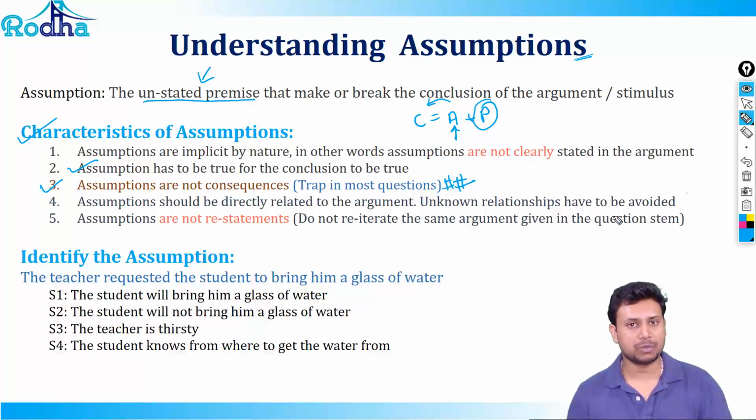Unknown relationships have to be avoided. Any option that you feel is the assumption has to have a direct reference back to the question. You cannot have a vague option as the assumption of the specific argument.